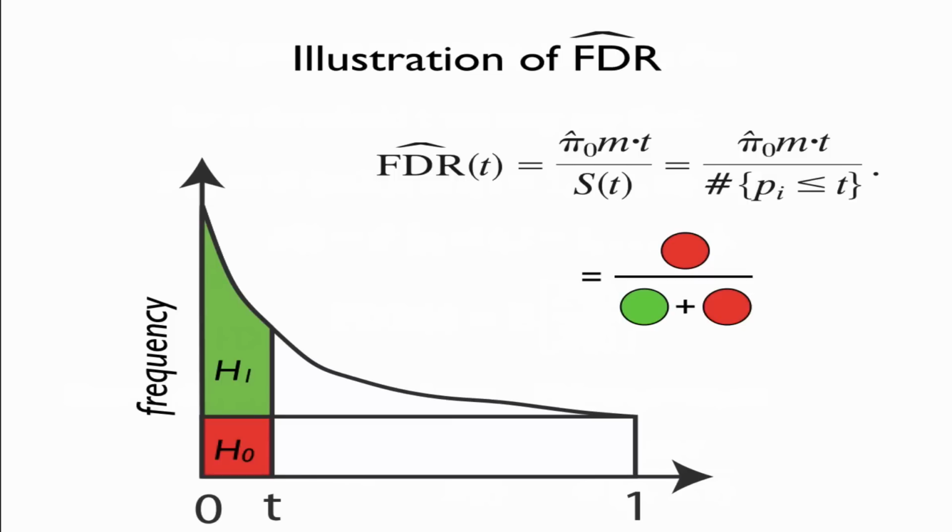So this will be the red area divided by the green plus the red area. And the red area is calculated through the fact that the null p-values are evenly distributed all over the 0 to 1 range.